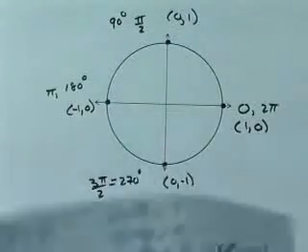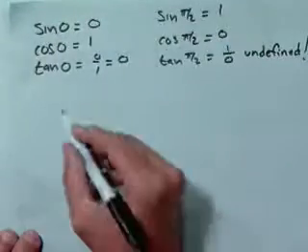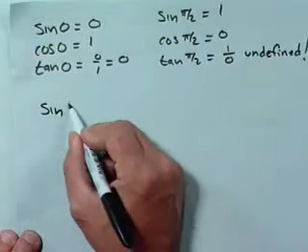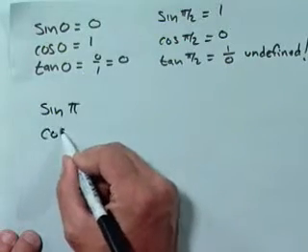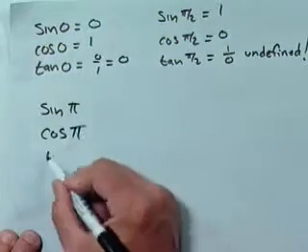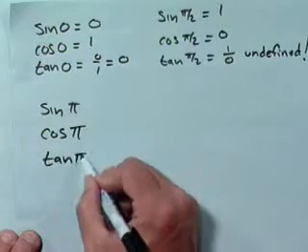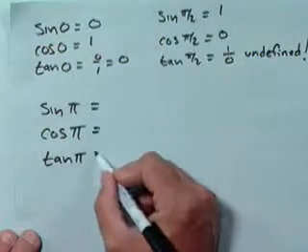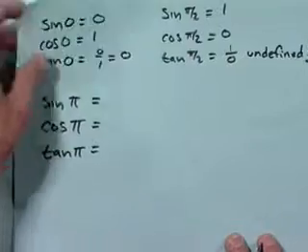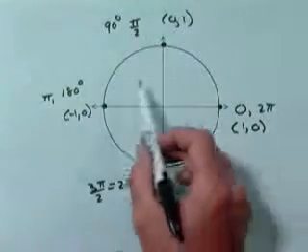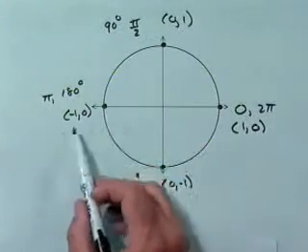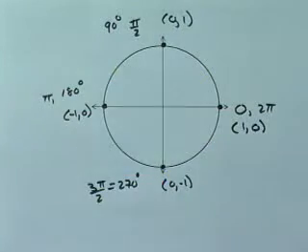Okay? Now let's do one more. Let's find the sine, cosine, tangent of pi. I'll leave the rest for homework. Okay, sine of pi. Well, here's an angle of pi radians. There's the corresponding x and y coordinate.